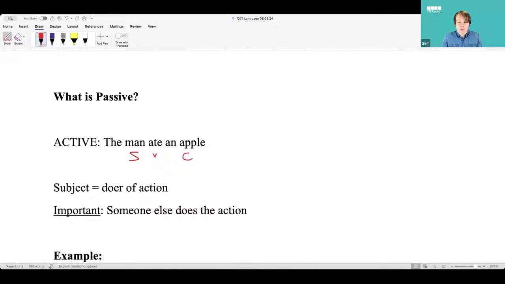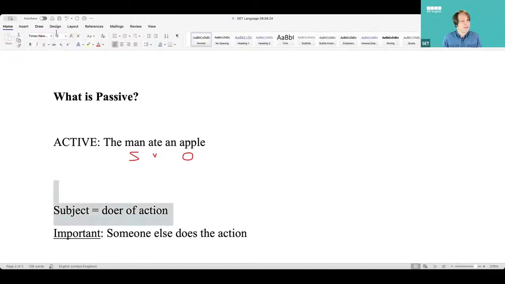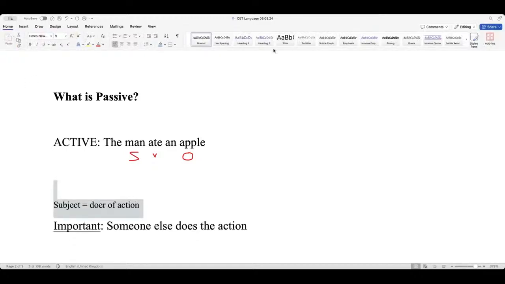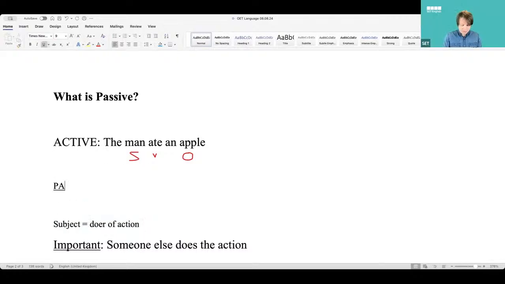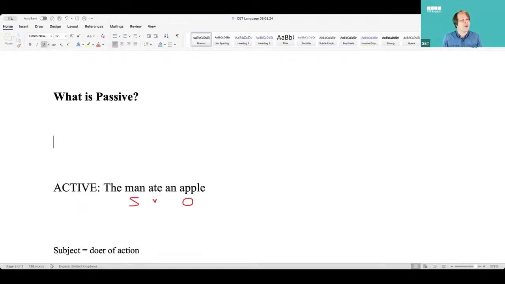Okay. So I think probably the best way to say what is passive, the easy way to think about this: the apple is eaten by the man. Exactly. So in passive, do we start with the object or the subject?